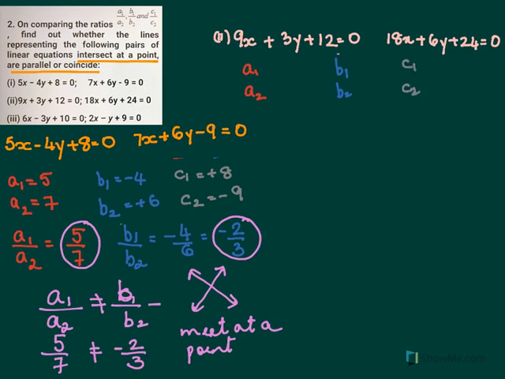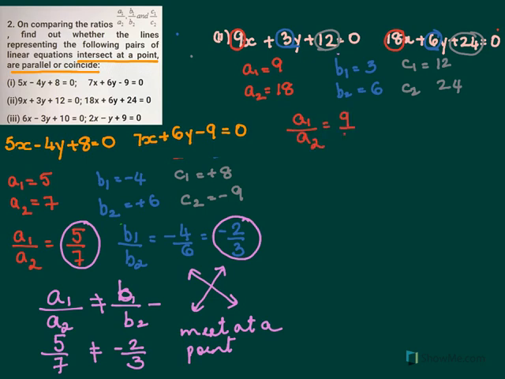This is my a1 and this is a2, the x coefficients, and this is 18. These are my y coefficients, so this is my b1, this is my b2, that is 3 and 6. For c1 and c2, that is 12 and 24. Now let's use the same procedure.